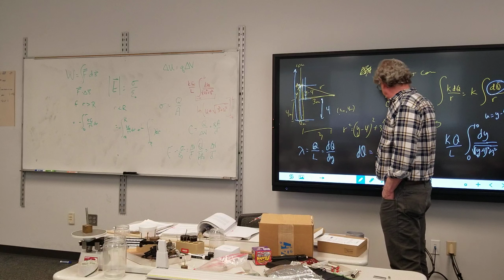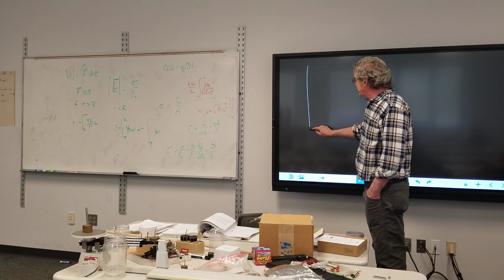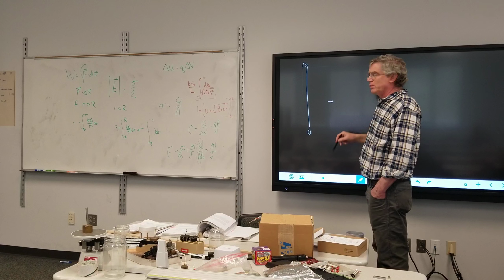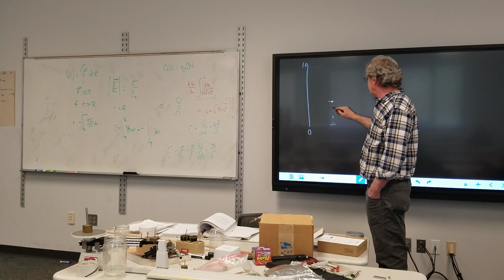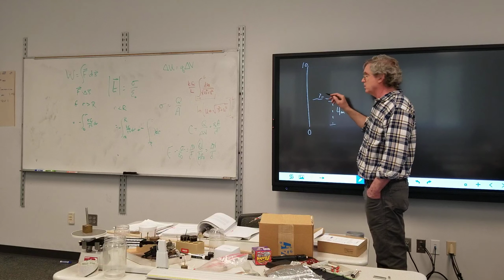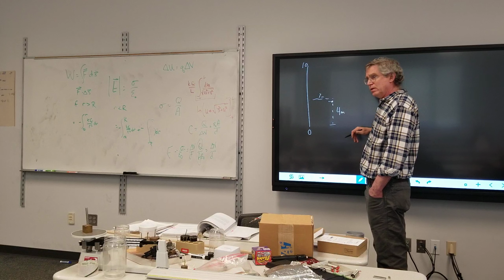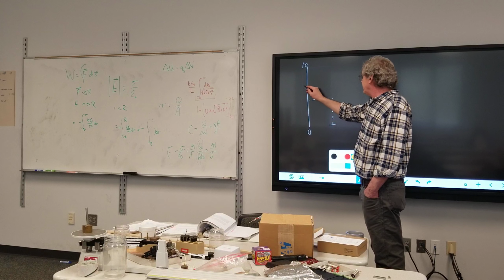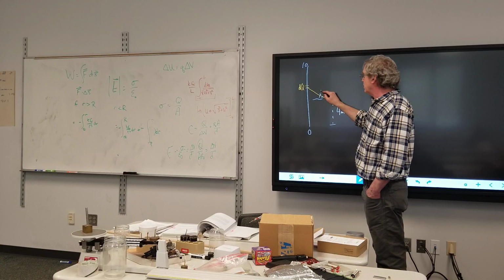All right, so let's clean this up. I've got my line of charge here from 0 to 10. Somewhere around here is my point in question where I'm trying to find the potential. I know that this distance here is 4 meters, and this distance here is 3 meters. That was the problem that I gave on the board. If that's my differential dq, I need to know that distance there, that's my r.